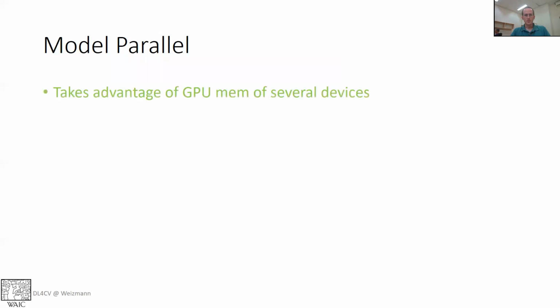Okay. So model parallel is very nice because it allows us to take advantage of GPU memory of several devices. So we are not restricted to one. We can split and work with several devices, and that's it. The problem with it is that, as you saw before, we need to tailor our code for this solution. So we need to change the way we implement our model. We need to write special code.